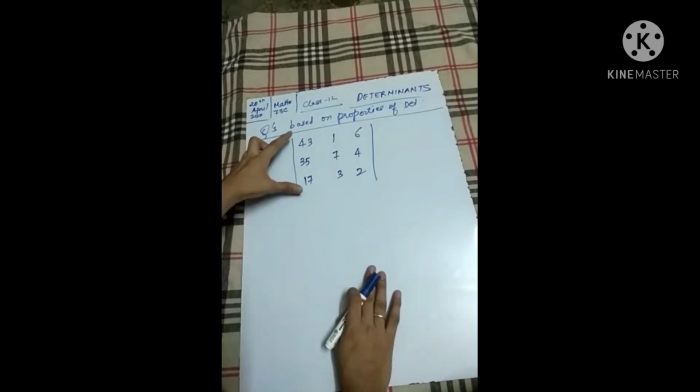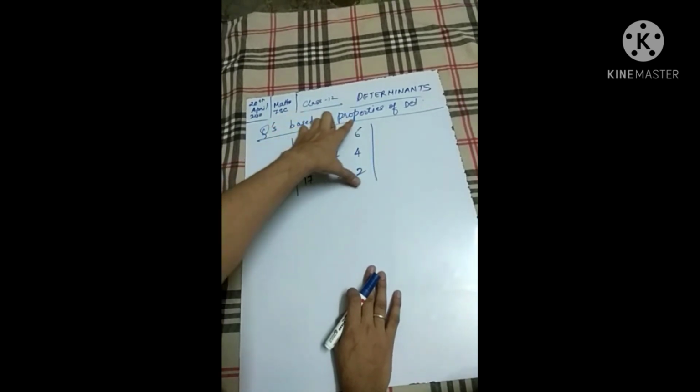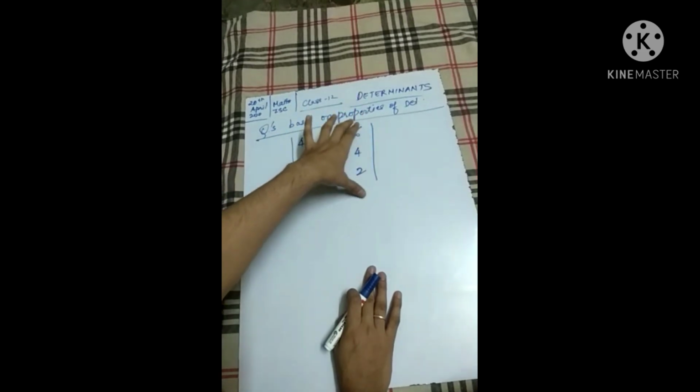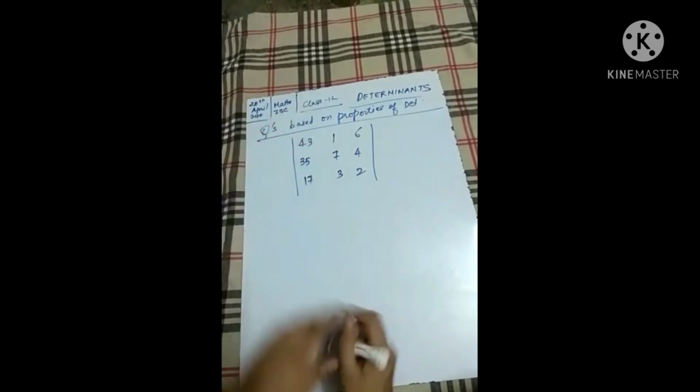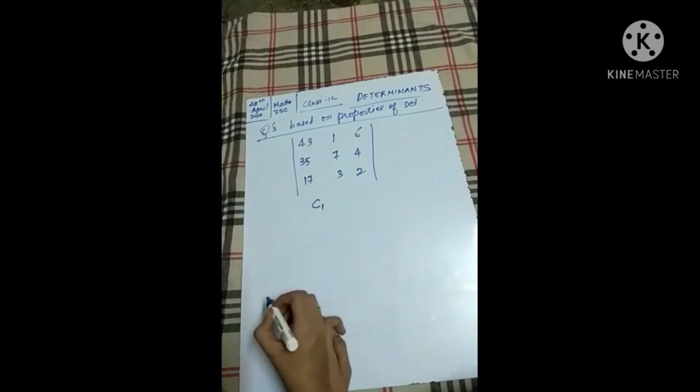This is the highest, the second highest is this one, and this is third highest. So we can multiply some scalar quantity in this column and subtract it from this one. So I'm using a transformation on C1.